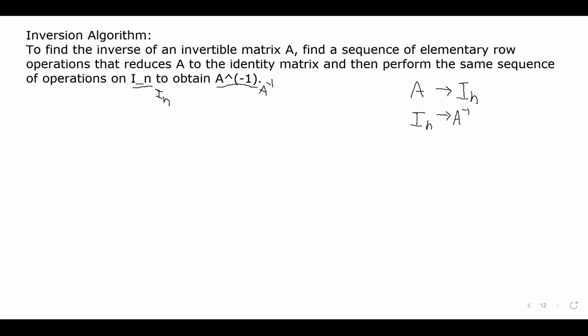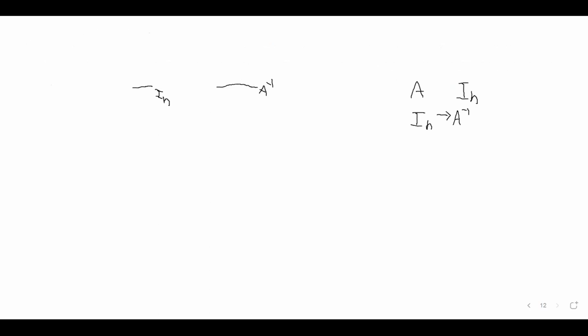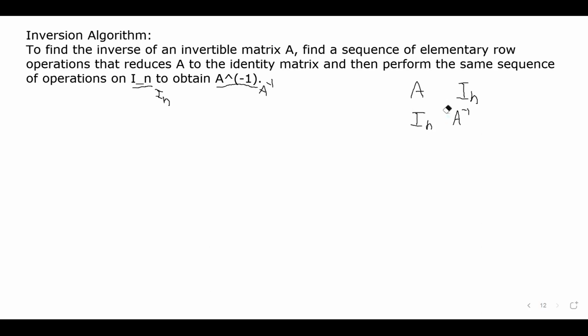What I'm going to do is use colors to illustrate this, so I don't want to erase everything. This arrow I'm going to draw here, let's go green, this green straight arrow, is a sequence of elementary row operations that reduces A to the identity matrix.